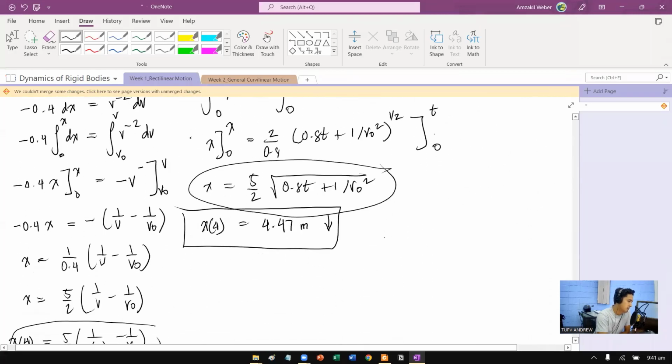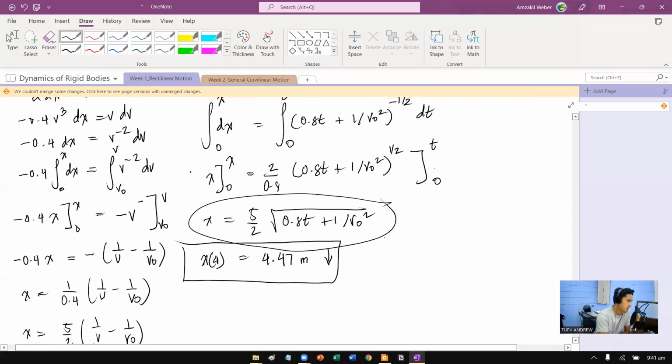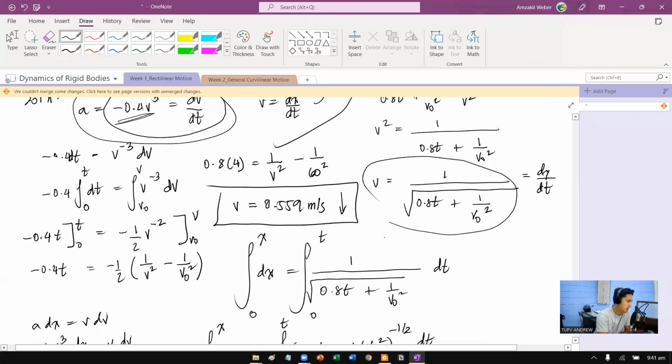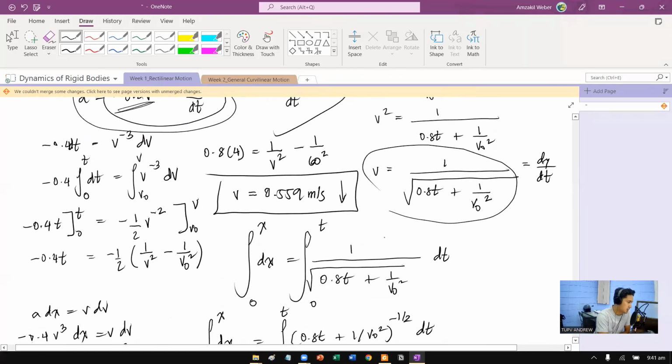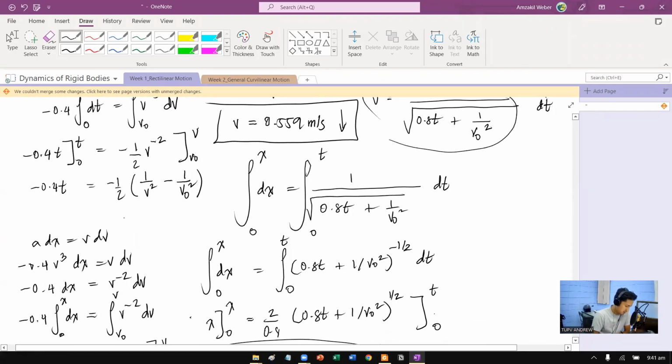And then using another equation, which is a equals v dv/dx, although technically this is not fundamental because it is derived using v equals dx/dt and a equals dv/dt. If you divide them, you get a equals v dv/dx, but it is handy to use for the differential equation.